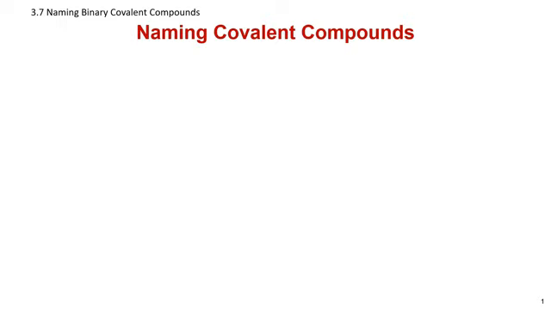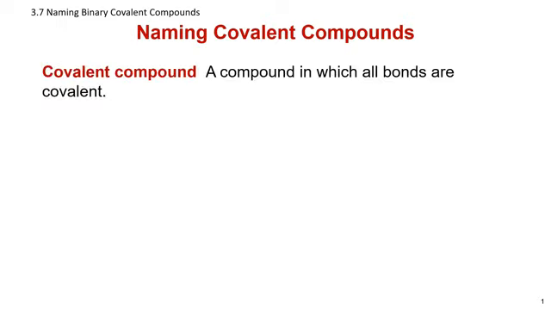To name a covalent compound is similar to ionic compound naming. We say the name of the cation and the anion, sodium chloride. Like that, if you have a covalent compound, we normally write the least electronegative atom first.